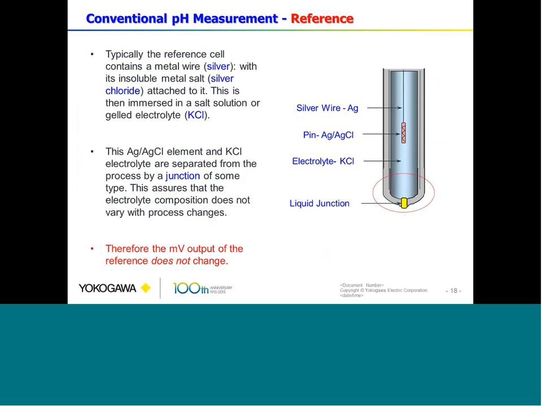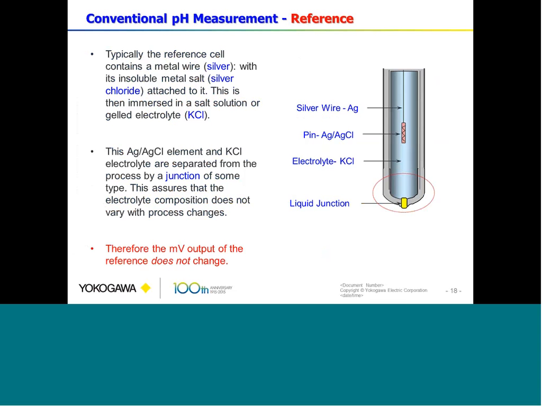He combined it with its insoluble metal salt, that's the silver chloride pin, and immersed it in a salt solution, that's the KCl electrolyte, and that can be either a liquid or a gel. But as long as the chloride concentration remained constant, he found out that this combination of elements would produce a constant millivolt potential.